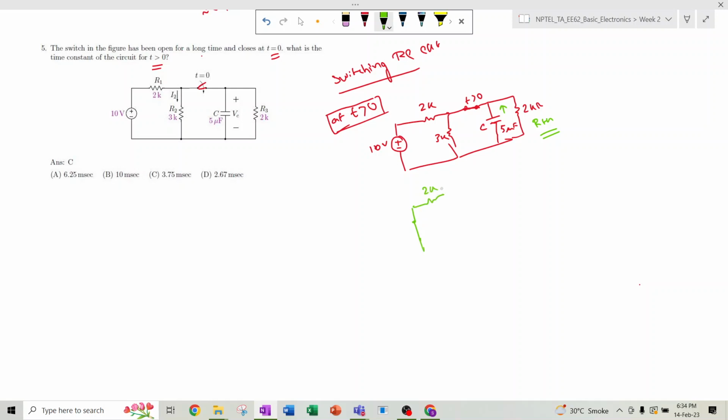And then here it becomes 2k, here it is 3k, and we need to open this capacitor and look through from this part. And there is 2k.